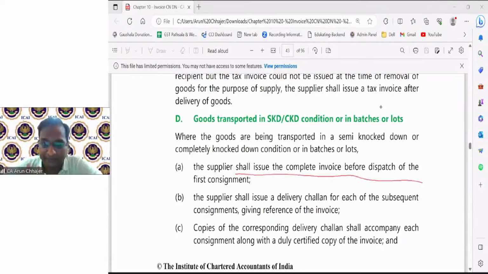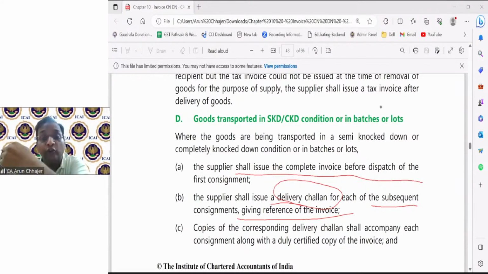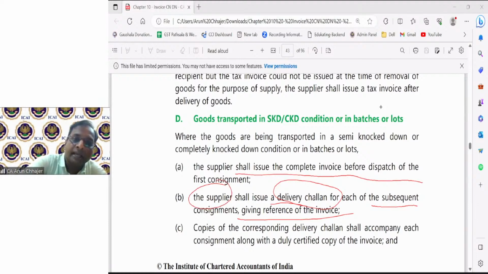You will have to make the invoice first, if it is a supply. I'm assuming it is a supply. Then the supplier shall issue a delivery challan for each of the subsequent consignments. Because the tax invoice would be one, but you are sending the goods in 2-3 lots. So you prepare the complete tax invoice, one tax invoice, but you are removing the goods in 2-3 conveyances. Then the supplier shall issue the delivery challan for each subsequent consignment, in which he will give the reference of the invoice.